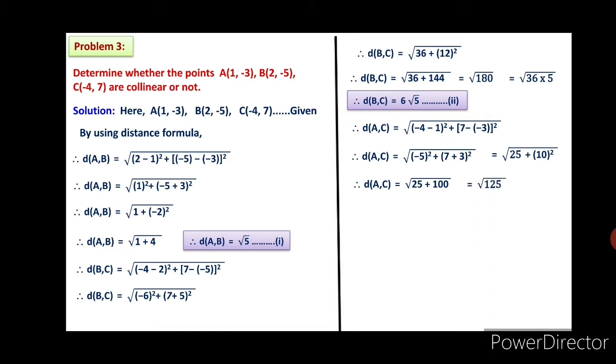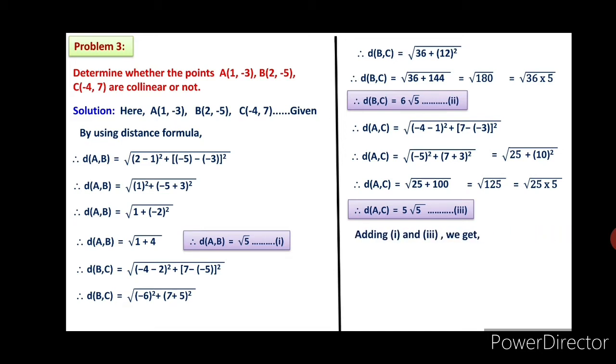That leads to 125, which will be under root of 25 into 5. Here 25 is the perfect square. Therefore, distance between A and C is 5 root 5. This is statement 3. Now consider these brackets that have been highlighted, statements number 1, 2 and 3.